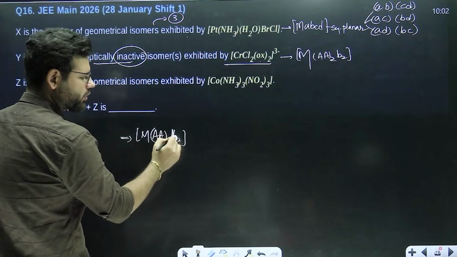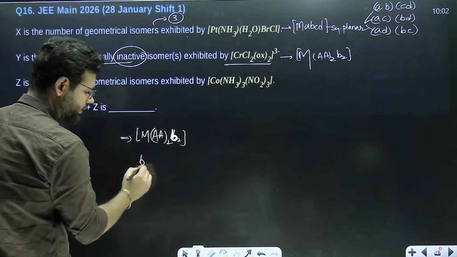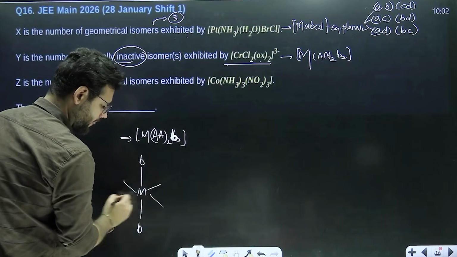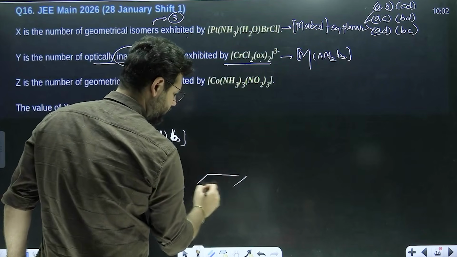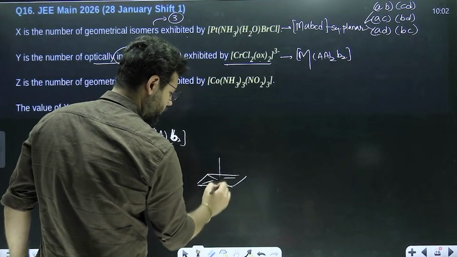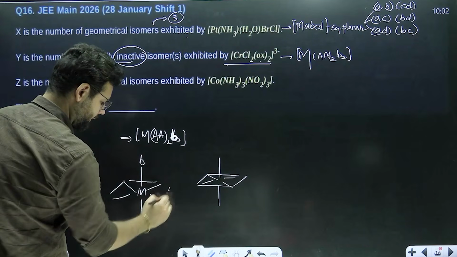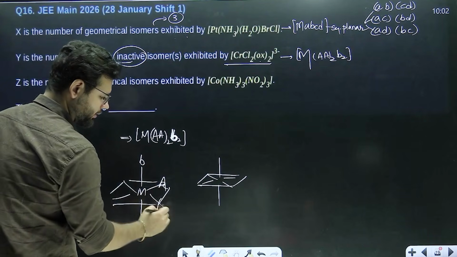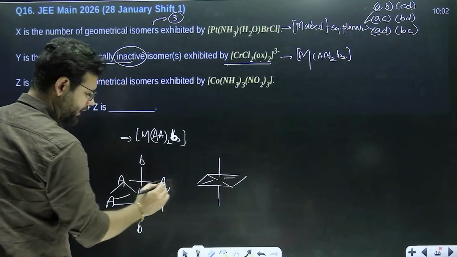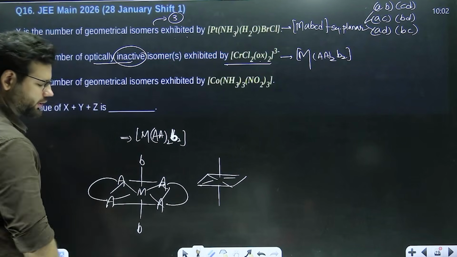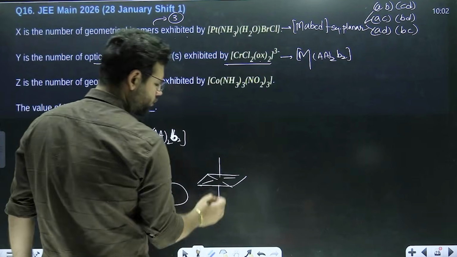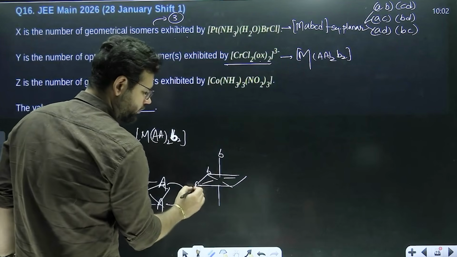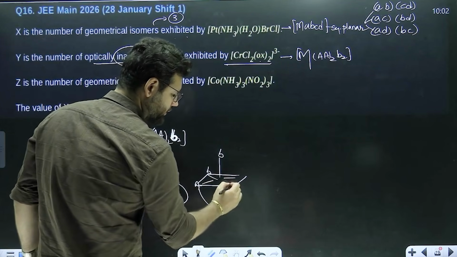The 2 monodentate B can be trans to each other, which will look like this, or cis to each other. If I draw trans, then the bidentate ligand will attach like this, trans to each other. If I attach the 2 B's cis to each other, let's say this is cis, then the 2 rings will attach like this, cis to each other.